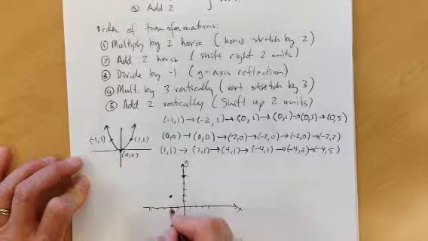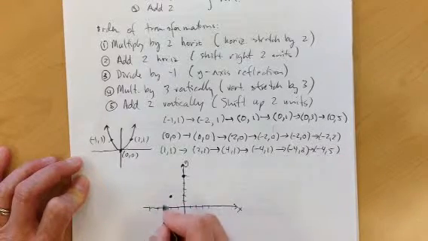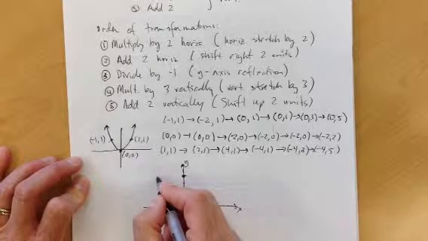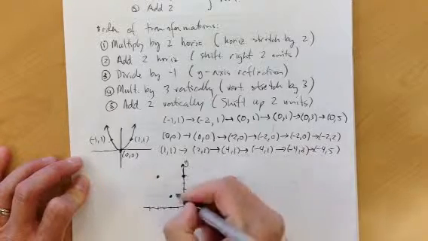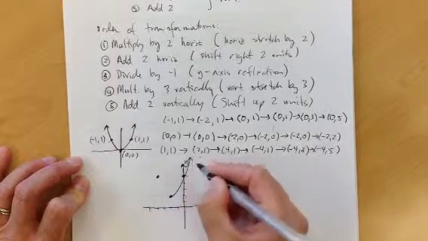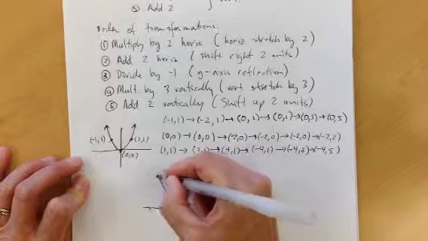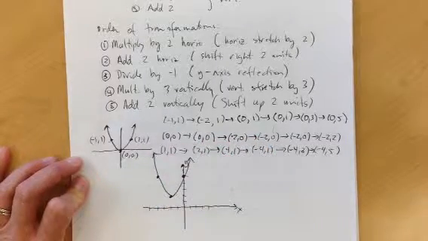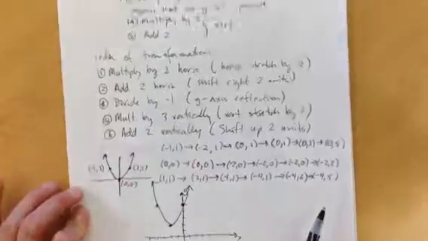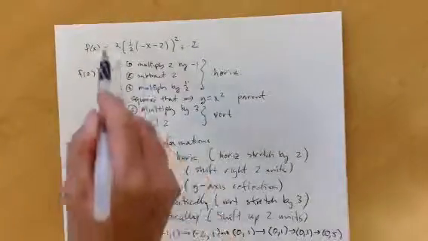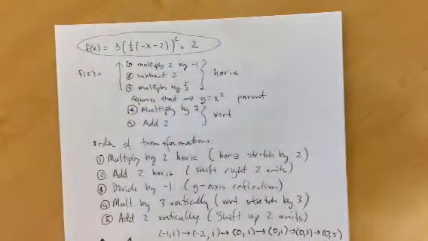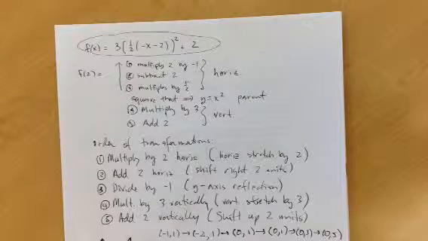And we have the point negative 4, 5. And that's the graph of the function f of x equals 3 times 1/2 times a quantity negative x minus 2 squared plus 2.